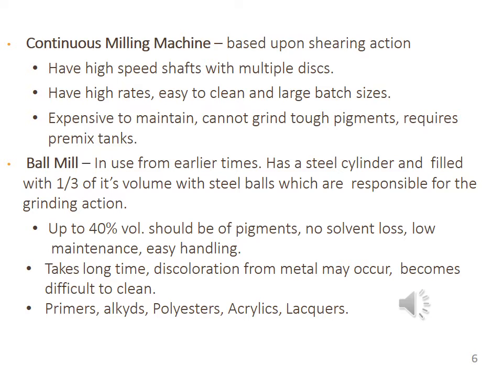These machines contain a steel cylinder, and this steel cylinder is filled to 1/3 of its volume with steel bars. So 1/3 of the portion of this steel cylinder consists of steel bars, and these steel bars are responsible for the grinding action.